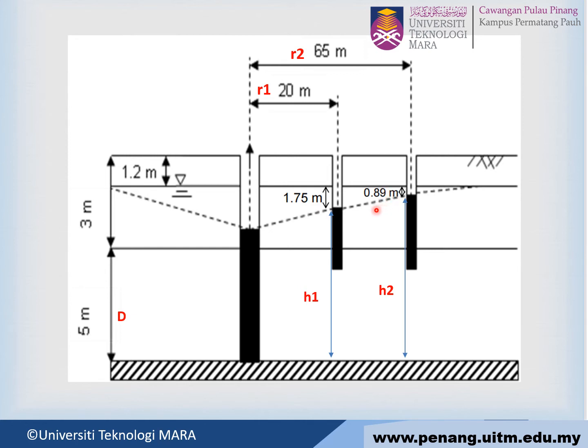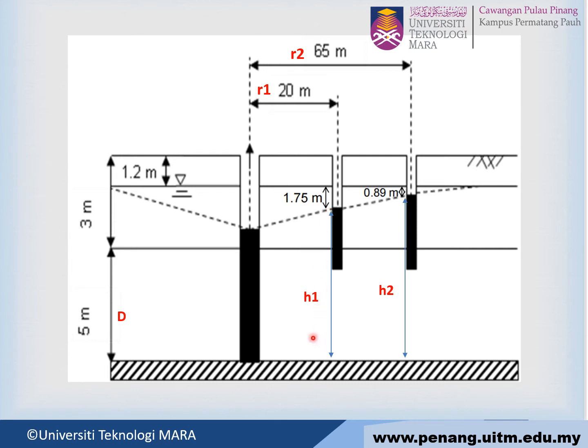So what you are going to do is determine the value of H1 and H2. H1 is the distance from the impermeable layer at the bottom to the drawdown level of observation well 1.